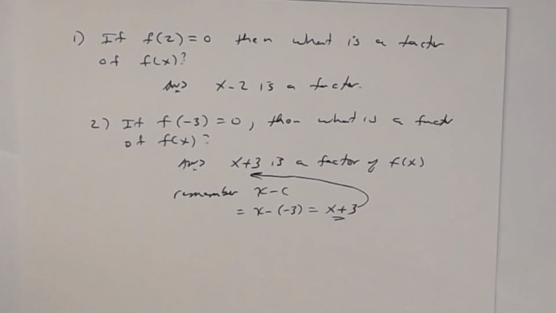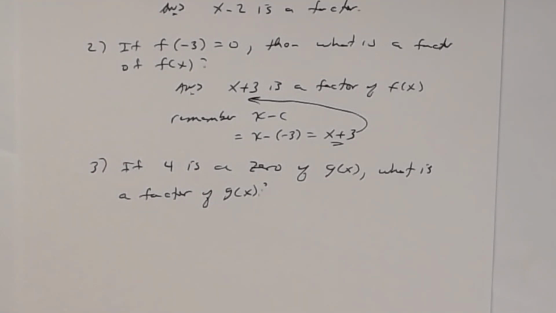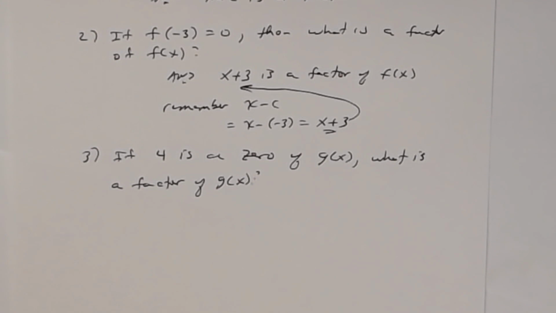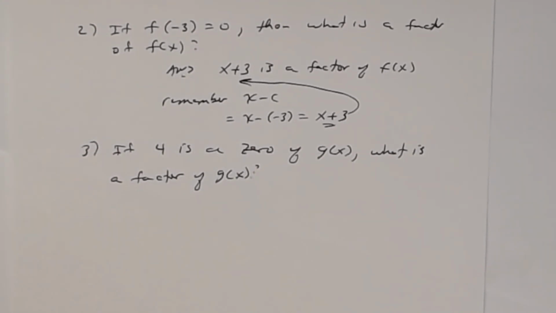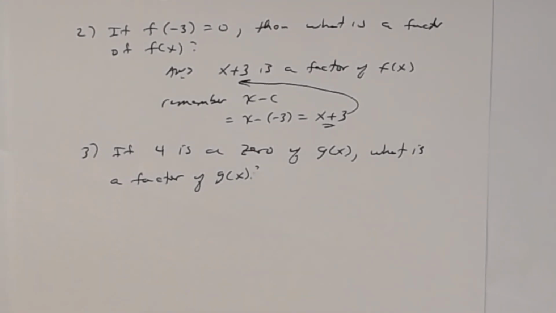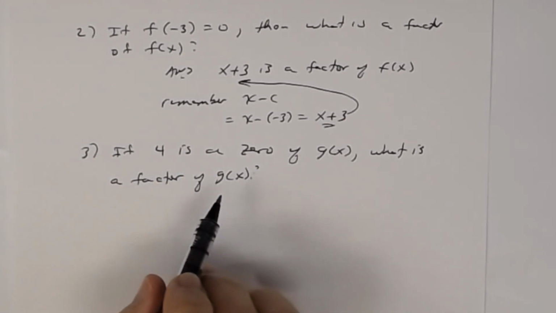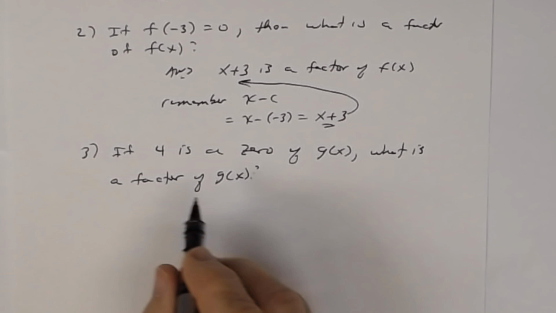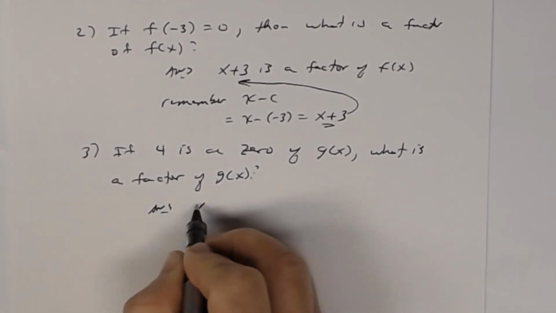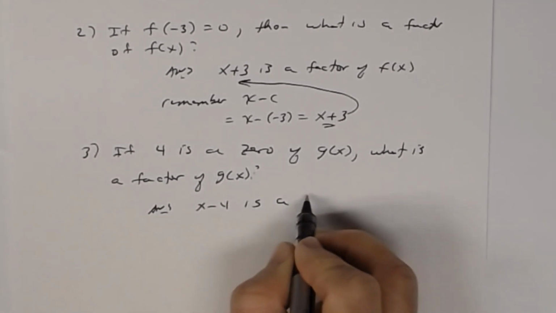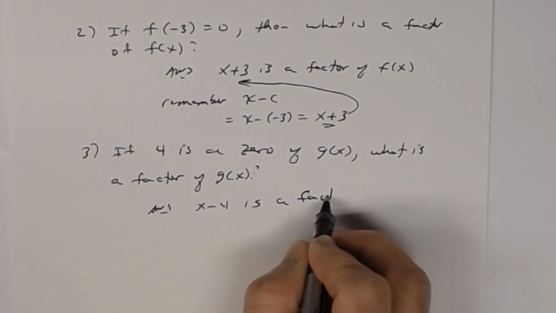Now let's look at number 3, which is written a little bit differently. It says: if 4 is a zero of g of x, then what is a factor of g of x? So the answer, you would say x minus 4 is a factor of g of x.